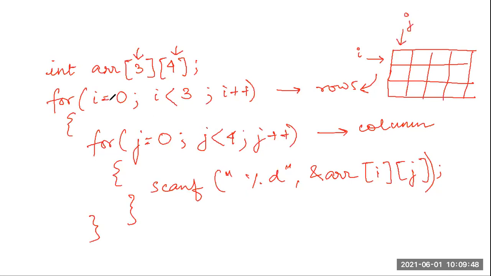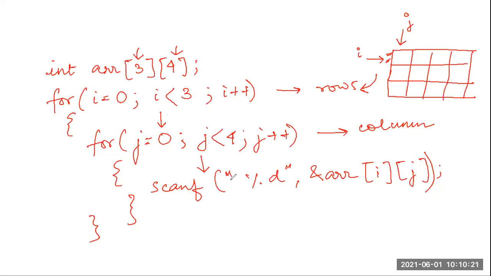First, my i is starting. i equal to 0. This means this row. 0 is less than 3. Yes, true. If it is true, it will go into the inner loop. The inner loop says we will start from j equal to 0. That is again this location. j equal to 0. 0 is less than 4. Yes, it is true. If it is true, I will go into the inner line.